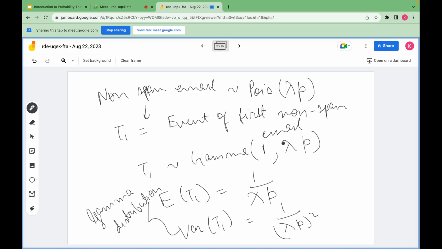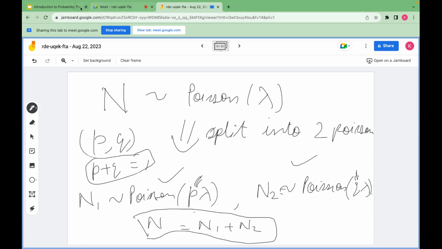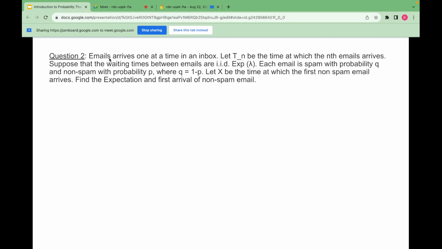Okay, so we are given in the question that emails arrive one at a time in an inbox and Tn is the time at which the nth email arrives. Suppose that waiting times between emails are IID with exponential distribution with parameter lambda.